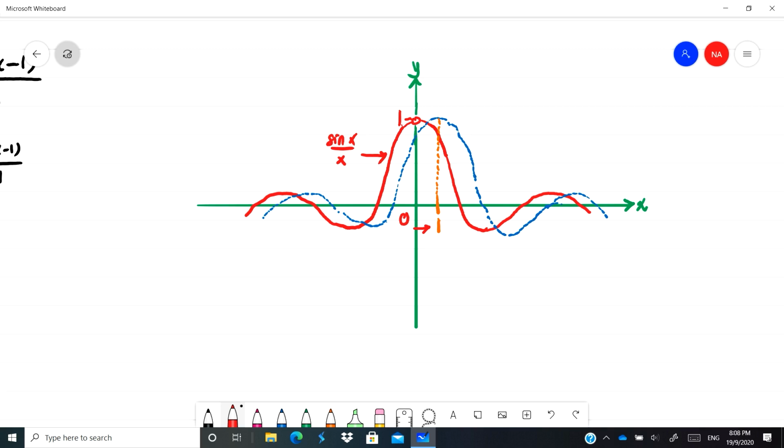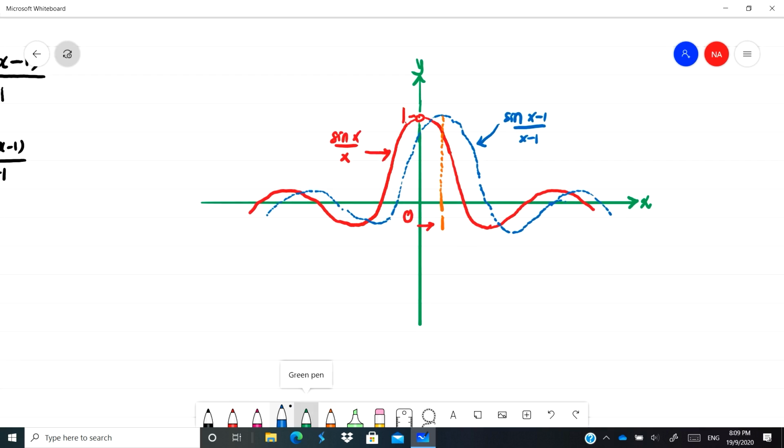So the graph in blue is the graph of sine x minus 1 over x minus 1. Note that when x approaches 1, the value will approach 1 also here.